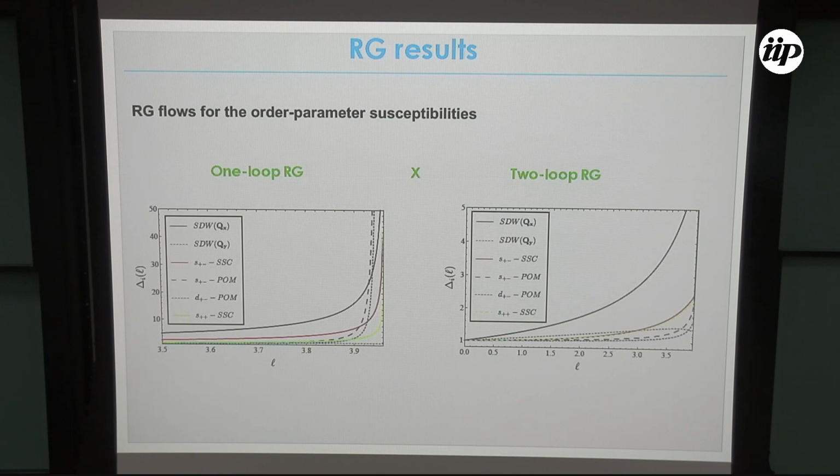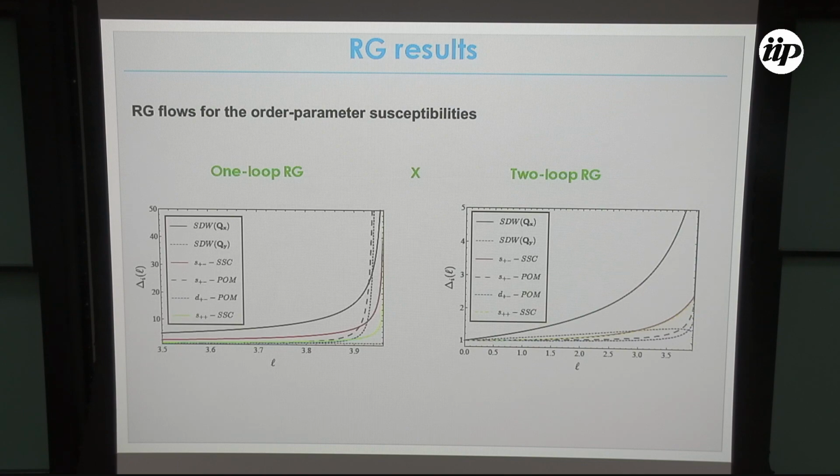And when we do that, the antiferromagnetic susceptibility wins. So this is the antiferromagnetic susceptibility. The second, subleading instability is S plus minus singlet superconductivity. The third one is S plus plus, and the fourth and fifth ones are S-wave and D-wave Pomeranchuk instability.